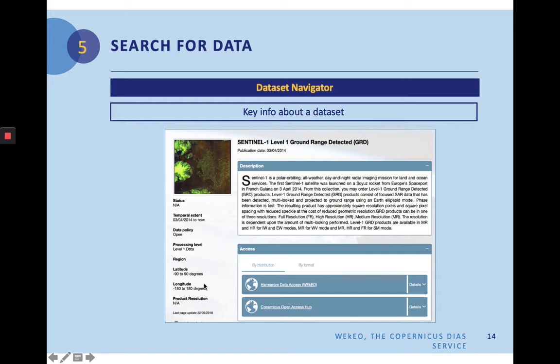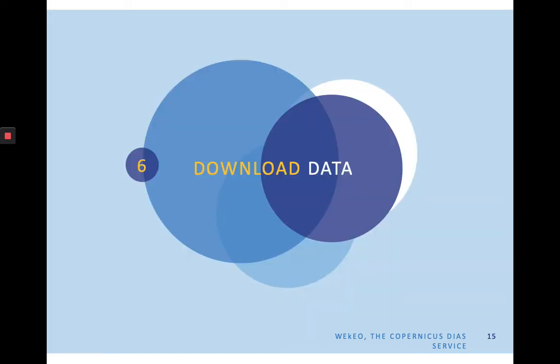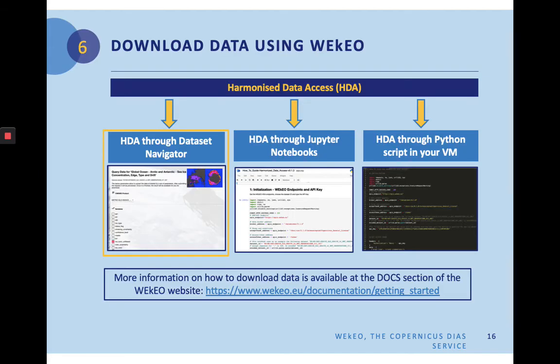Let's see now how to download the data. In Wekeo, there are 3 different ways to access data through a tool called Harmonized Data Access, HDA. It depends on your skills and your interest whether you might want to use one of the 3 different options. The first one is what we already see partly with the Dataset Navigator.